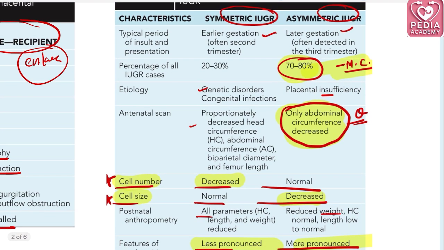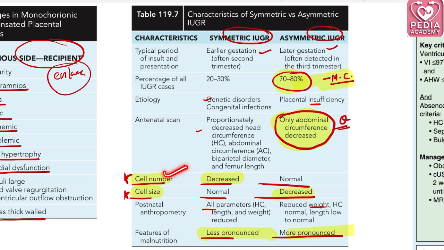Cell number is decreased in symmetric IUGR, which is very important. In asymmetric IUGR, because it is a late presentation, cell formation has been completed, so cell number will be normal. But cell size is normal in symmetric IUGR and cell size is decreased in asymmetrical IUGR. So this is the difference.